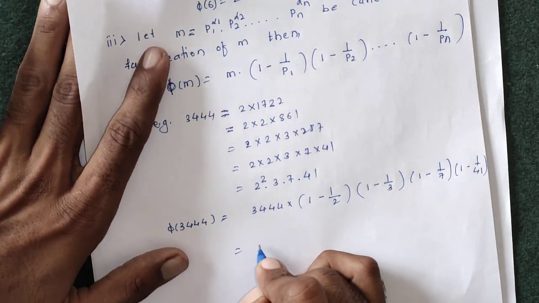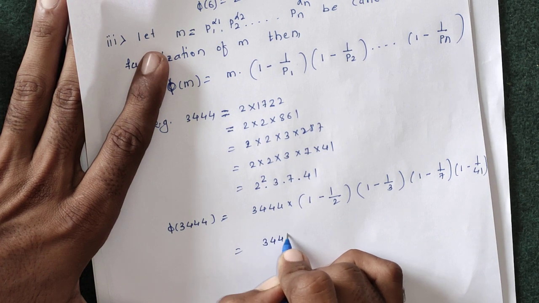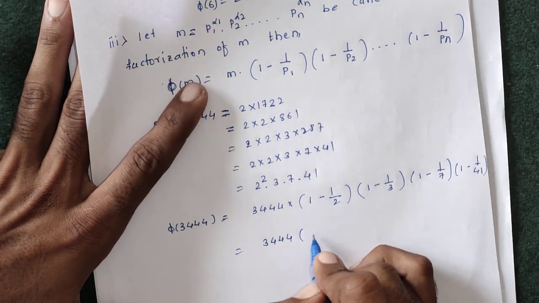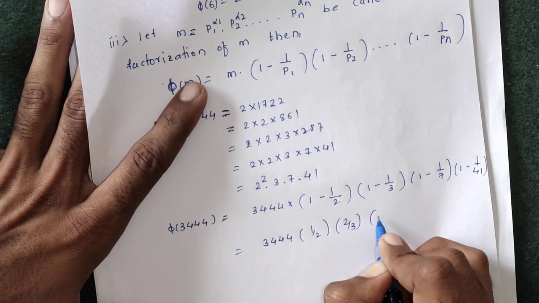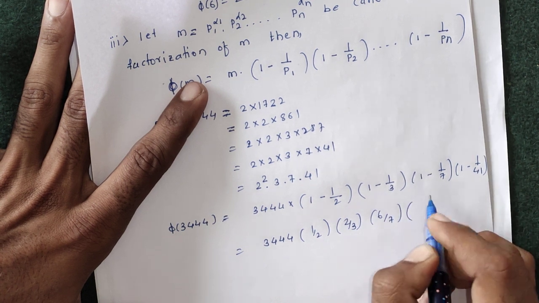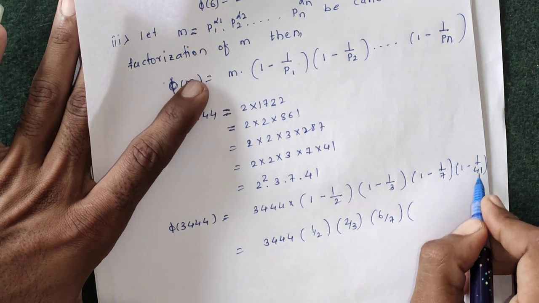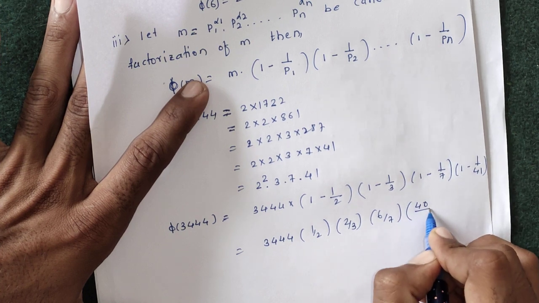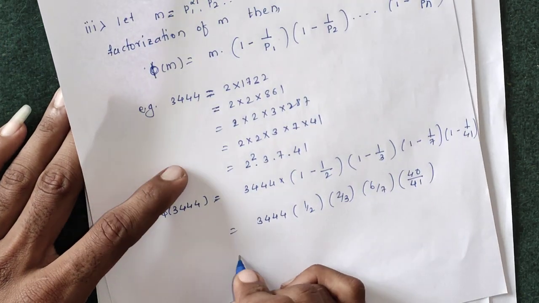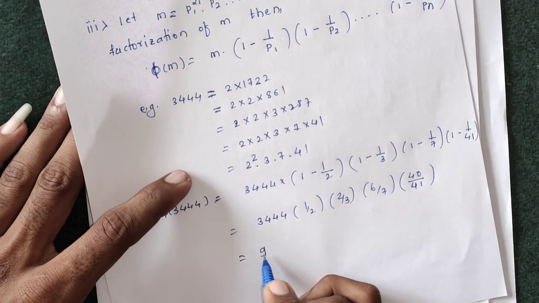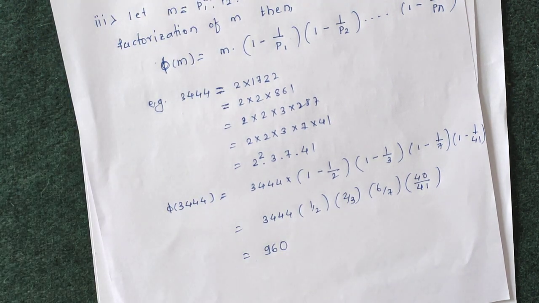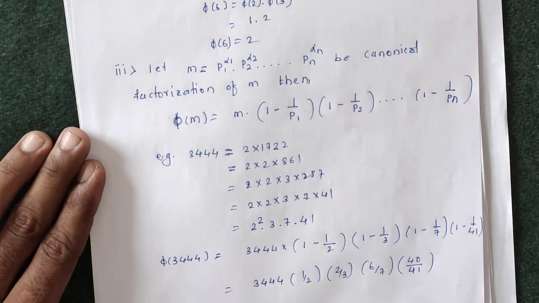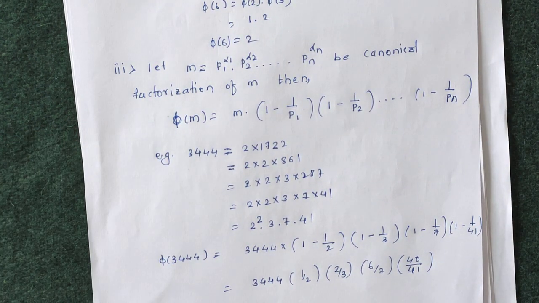Simplifying this, that is 3444 into 1 minus 1 by 2 is 1 by 2, 1 minus 1 by 3 is 2 by 3, 1 minus 1 by 7 is 6 by 7, and 1 minus 1 upon 41 is 40 by 41, and simplifying this we get 960. 960 numbers are relatively prime to 3444. So this is the most important note in our Euler's phi function.